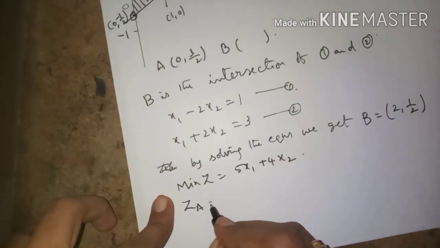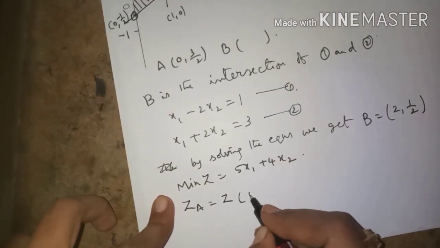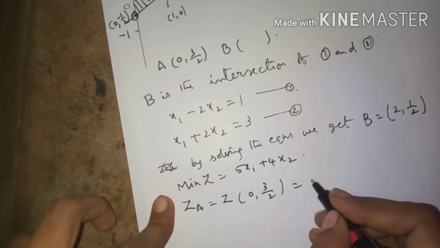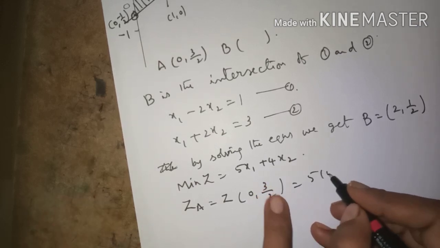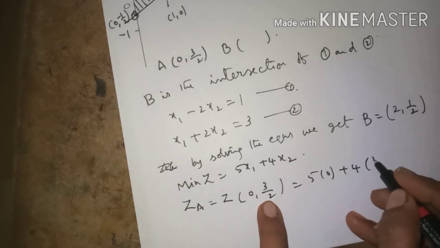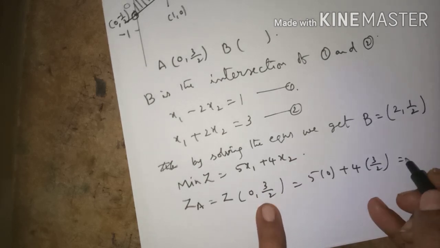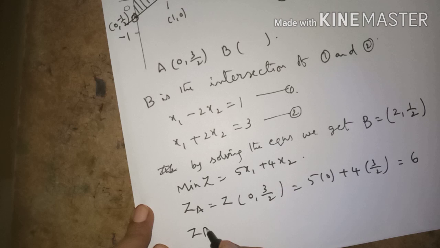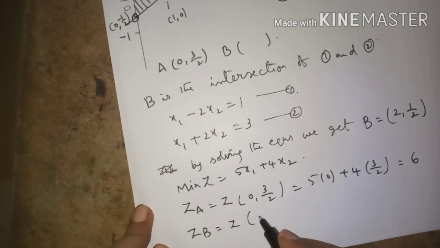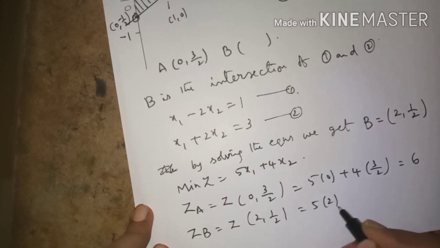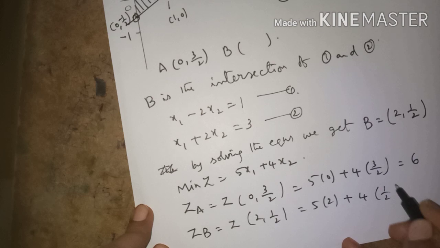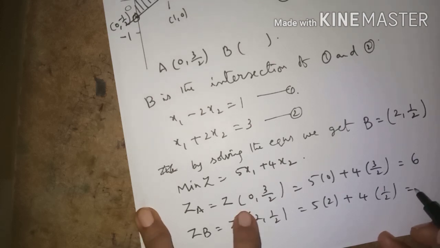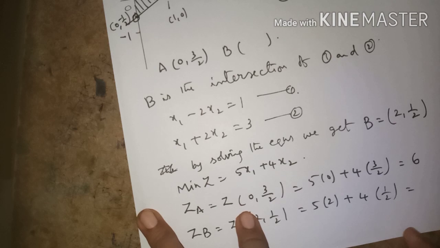That's why ZA is equal to Z of (0, 3 by 2). If you substitute, 5 into 0 plus 4 into 3 by 2, if you simplify, how much will you get? You will get 6. Now ZB is equal to Z of (2, 1 by 2): 5 into 2 plus 4 into 1 by 2. If you simplify, you will get 12.